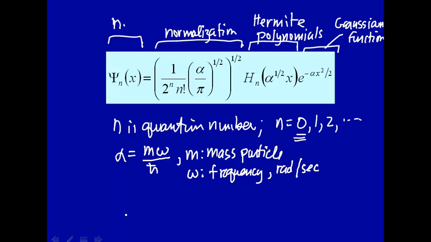Let's look at this Gaussian function, e to the minus alpha x squared over 2. Let's see what this means. As we said, that's a Gaussian function. Let's write the Gaussian function in a way that most mathematicians do: e to the minus x squared over 2 sigma squared, where sigma is called the standard deviation.